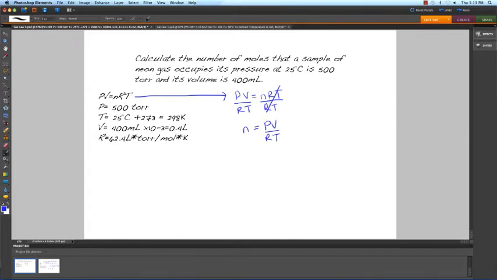And now we can just plug in our values. Pressure is 500 torr.